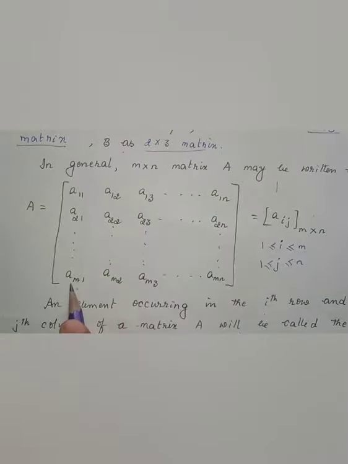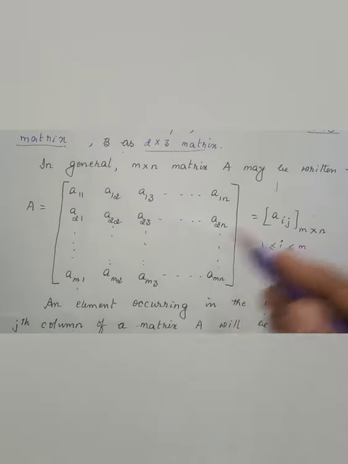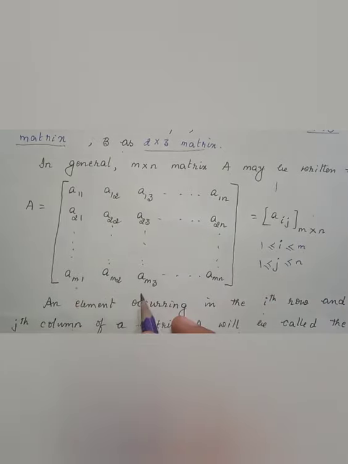Therefore, in the mth row, the entries are Am1, Am2, Am3, etc., up to Amn, because this is the nth column.